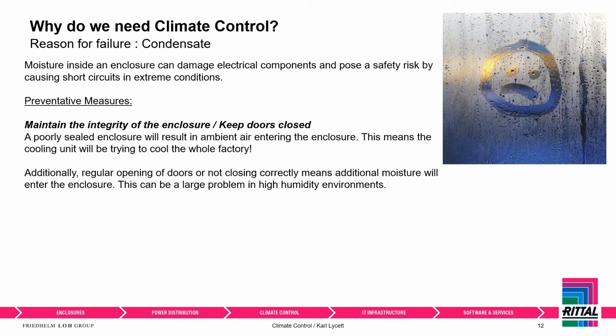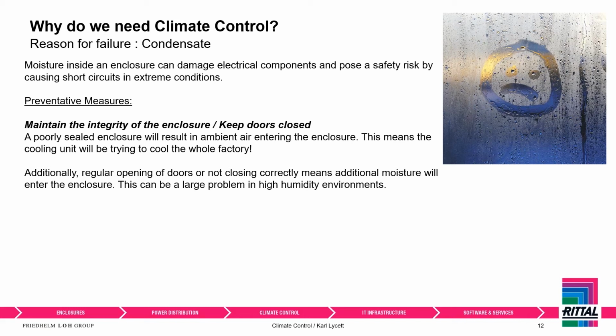Another thing is that regular opening of the doors, or the doors not closing correctly. This is an issue because it's another leak path for equipment to get inside. And again, if you're exporting your equipment to a final customer, for example, abroad, where it is high humidity in the Asias and things like that, it's even more important that you stop that highly humid air getting inside the enclosure.